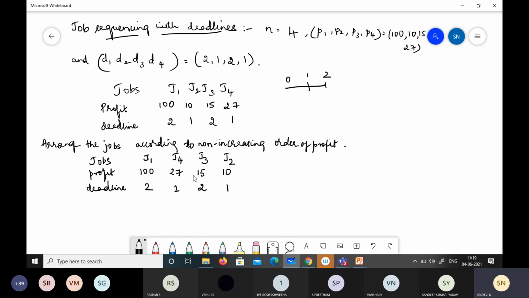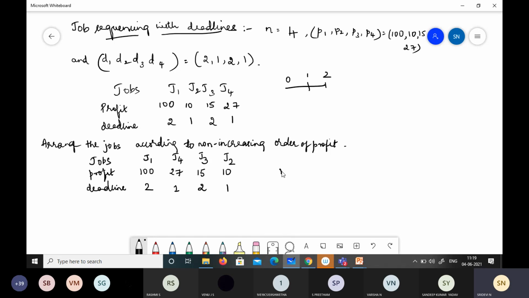Now, we have to proceed to earn maximum profit from this. The maximum deadline here is only 2 units. Looking at this, you can find out the maximum unit of time, which is only 2.